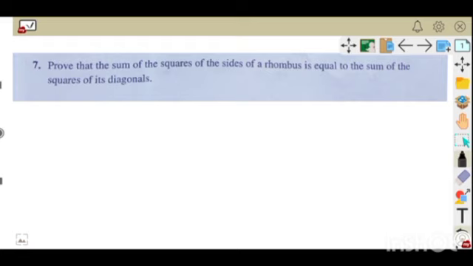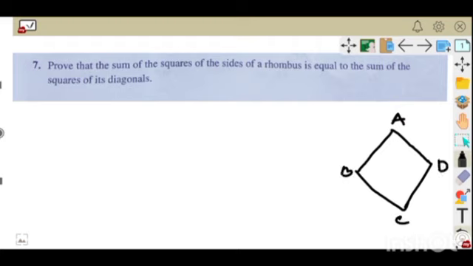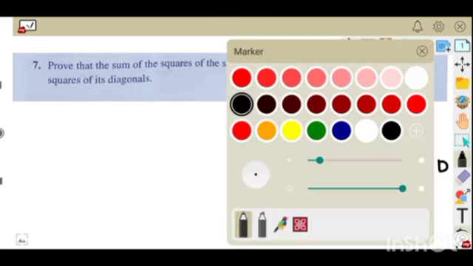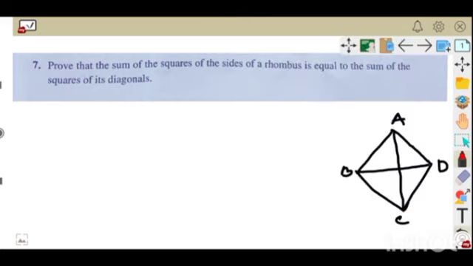So first, let me draw a rhombus. Okay, I'll give here A, B, C, D. And then what happened? BD is one diagonal and AC is the other diagonal. And these two diagonals intersect at where? At O. This is O. First, let me write the given.